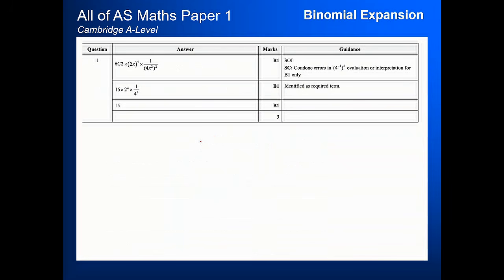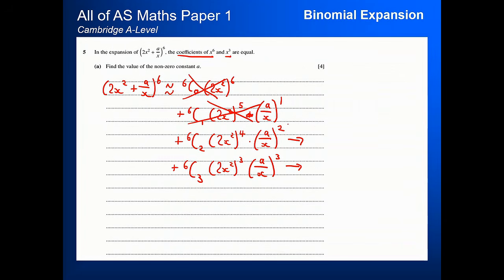Now 6 choose 2 we did in the previous question, that's equal to 15, which makes our life a little bit easier. 2 to the power of 4 is equal to 16. x squared all to the power of 4 is equal to x to the power of 8. And then we get a squared over x squared.